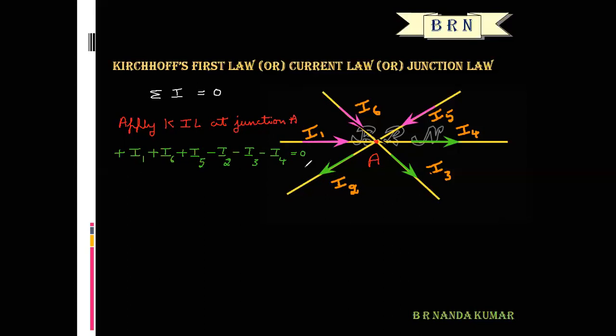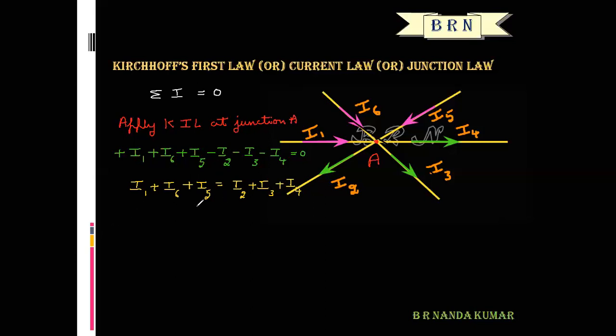So this equation can also be written in the form I1 plus I6 plus I5 is equal to I2 plus I3 plus I4.